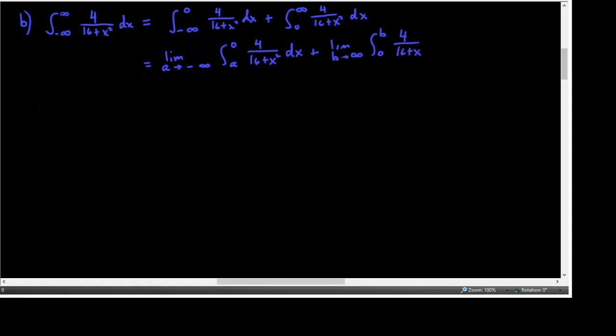All right. So to integrate this one, I'm going to first of all think about that constant 4 and pull it out because I don't believe I need it inside the integral for anything.